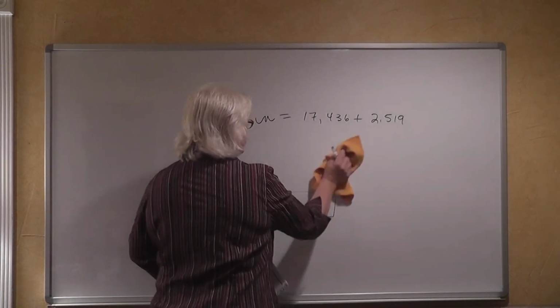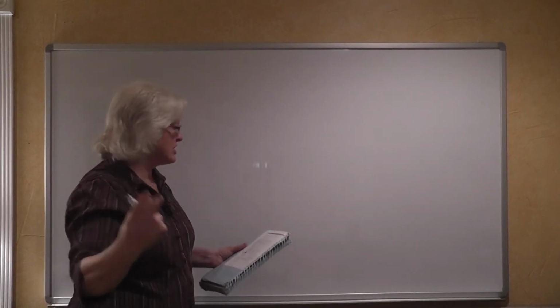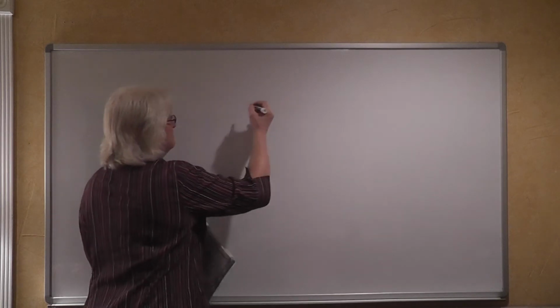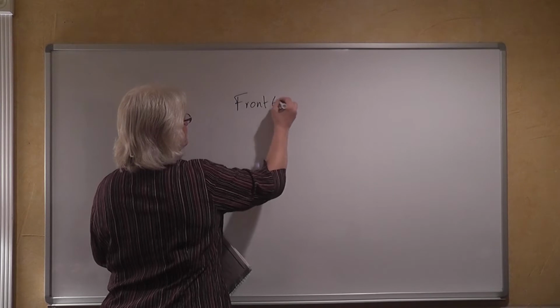When you use front-end estimation, the numbers have to each have the same number of digits. So this is front-end estimation.